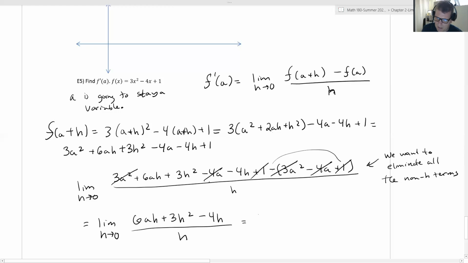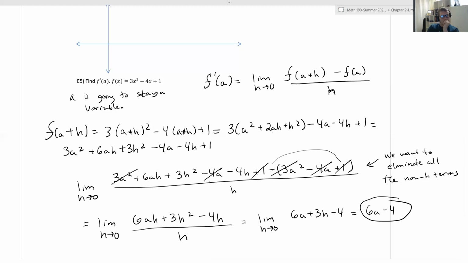So this is now the limit as h approaches 0 of 6a plus 3h minus 4, which simply equals 6a minus 4. And that is your f prime of a, your derivative. Okay?